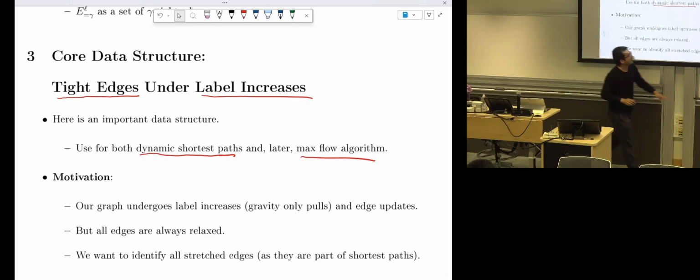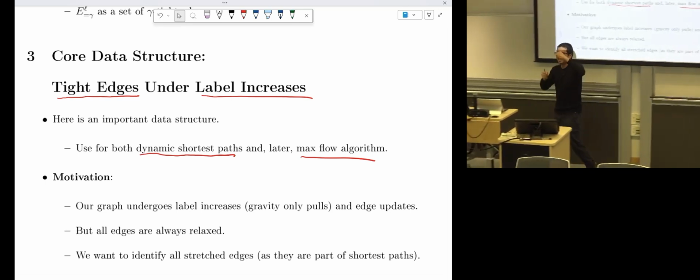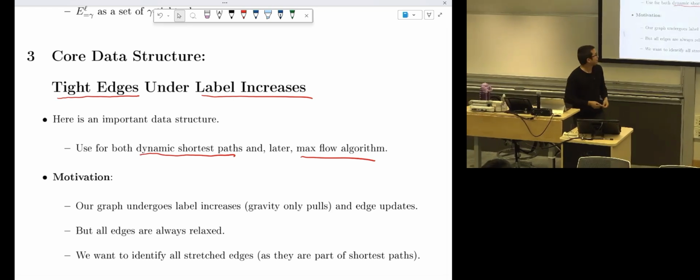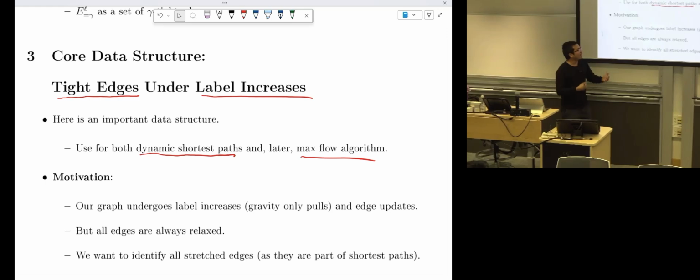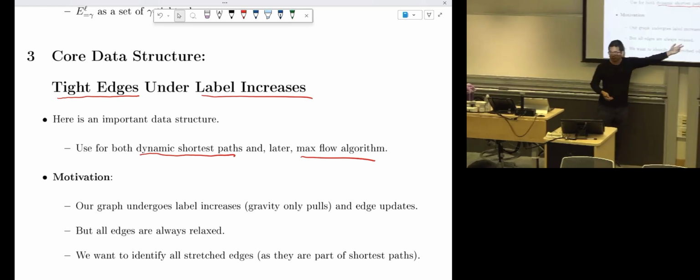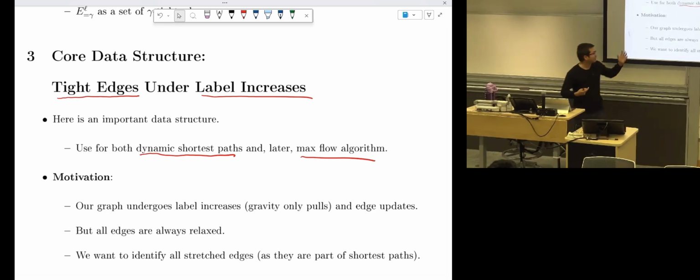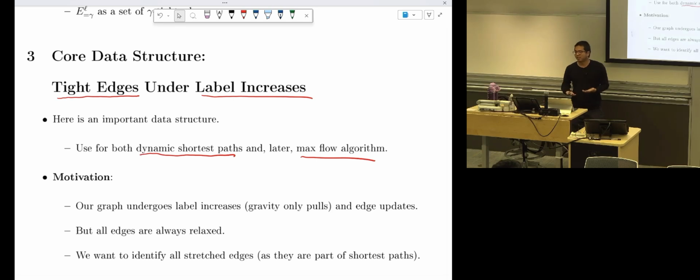And the graph can change too, so you can add new strings and remove some strings. But we will make sure that at all times all edges are relaxed. And once all edges are relaxed, what we want from this data structure is to identify which edges are stretched, because they are useful for shortest path. That's what we want to do.